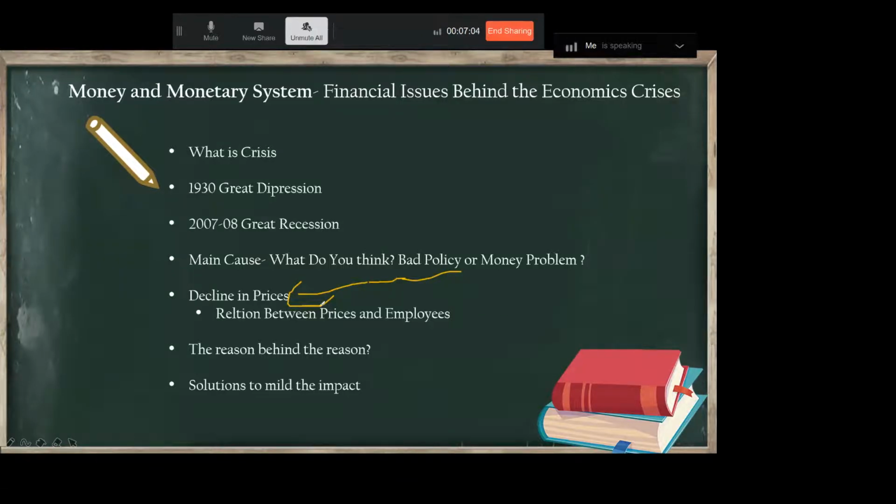Later, the crisis in one sector of an economy gets a multiplier effect.